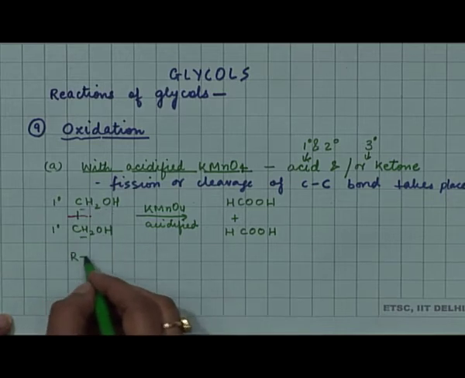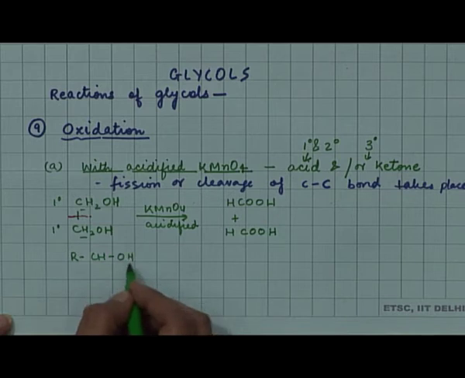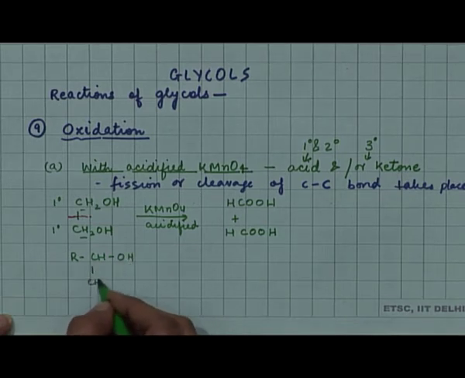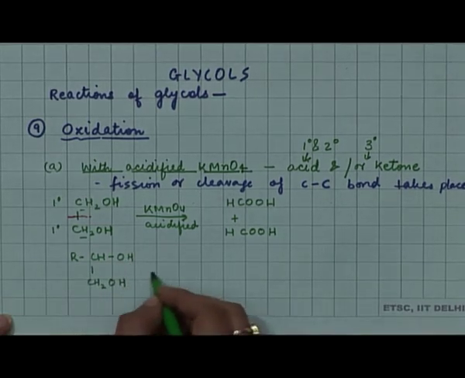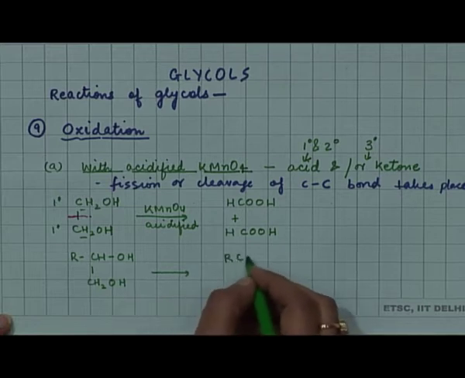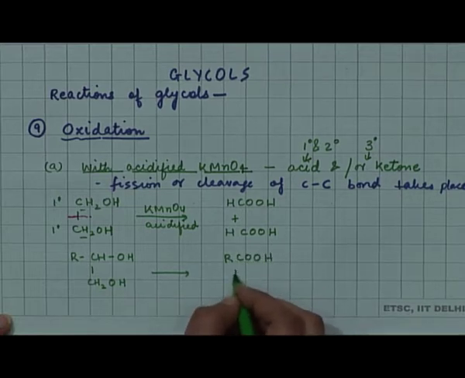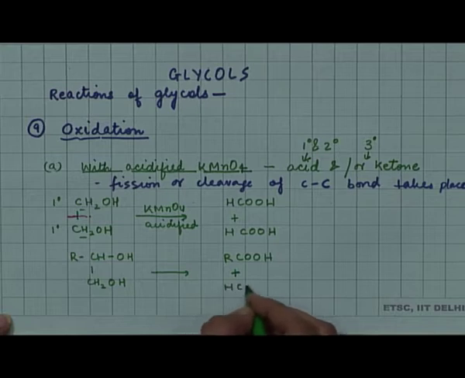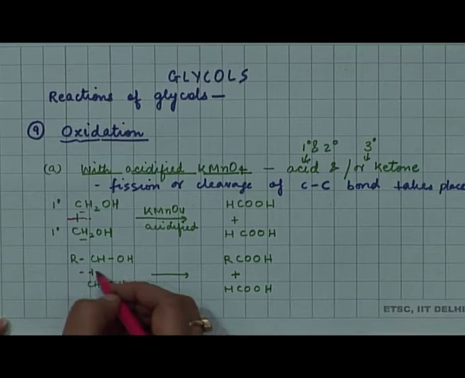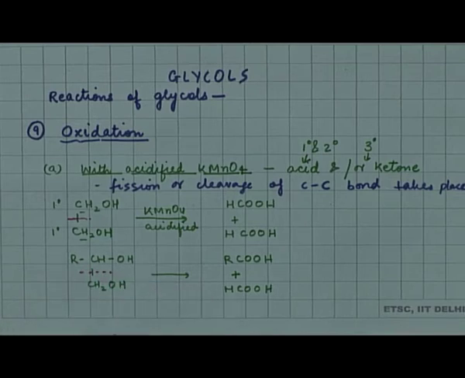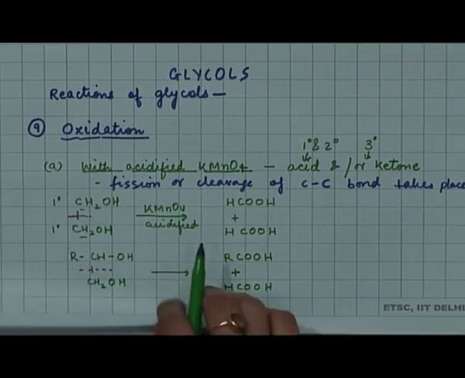If you start with a secondary alcohol and a primary alcohol, in this case you will get the corresponding carboxylic acid depending upon the R group, and you get 1 mole of formic acid. So, again the cleavage takes place between the carbon-carbon bond here.